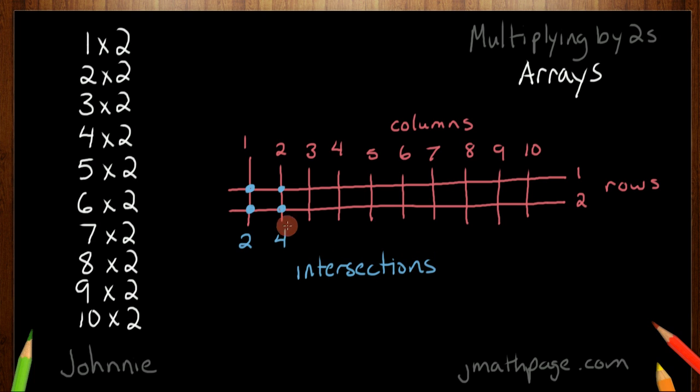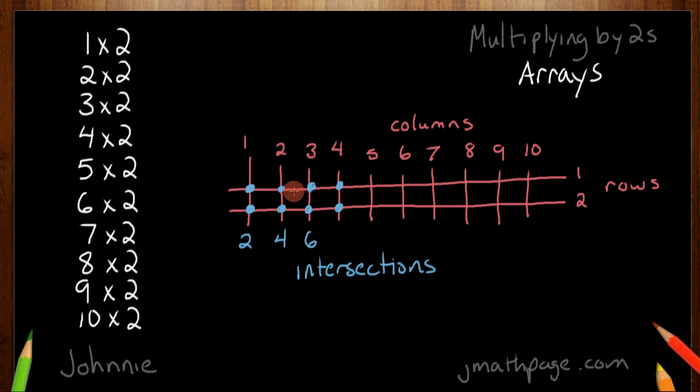Let's keep going. Now I think about 3 columns and 2 rows. How many intersections? Let's count them. 1, 2, 3, 4, 5, and 6. 6 intersections. 4 columns and 2 rows.